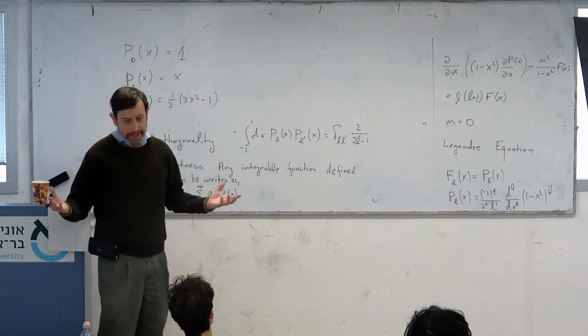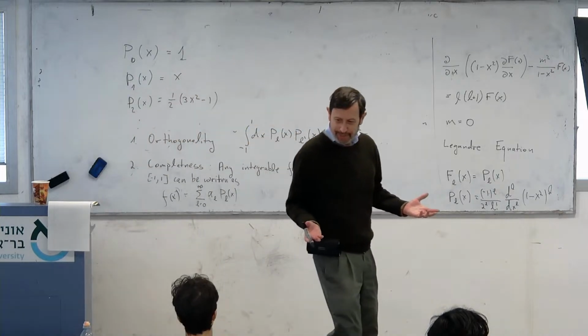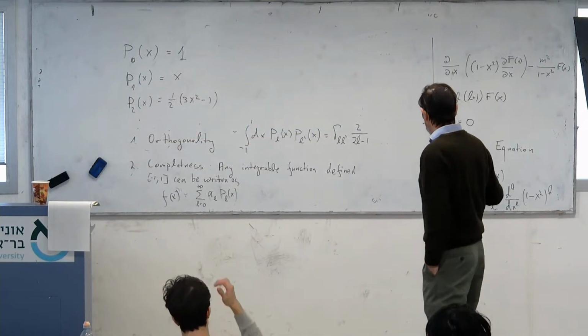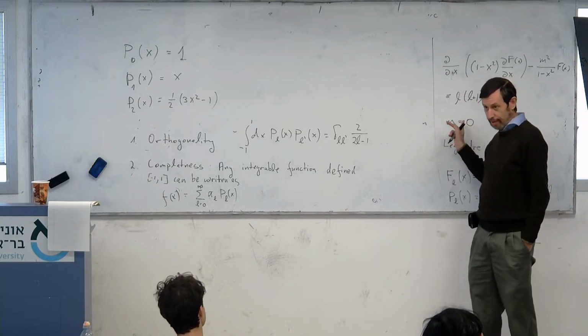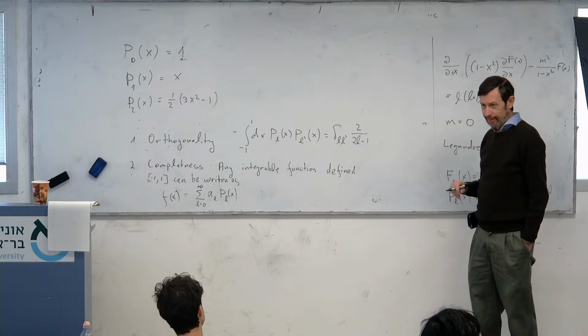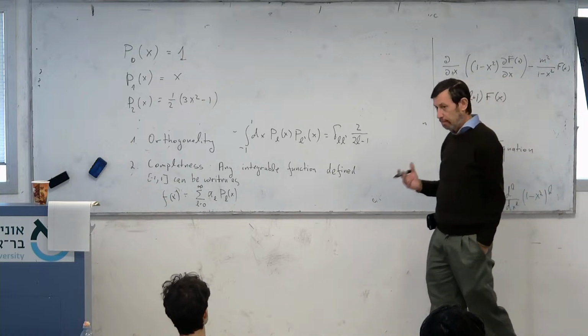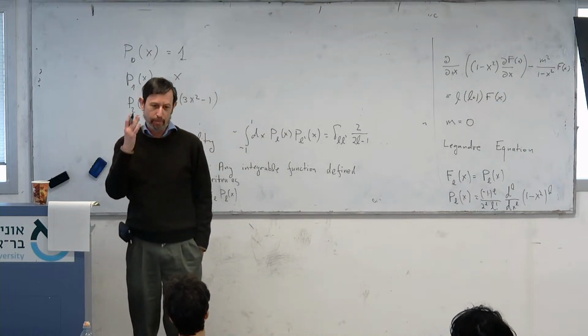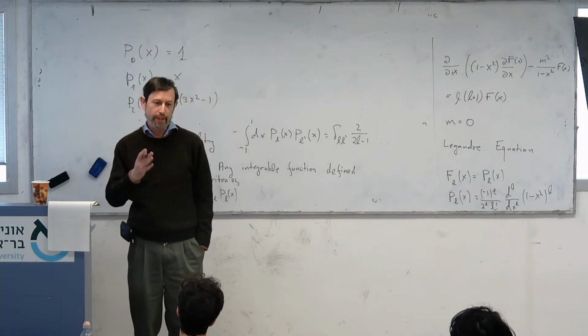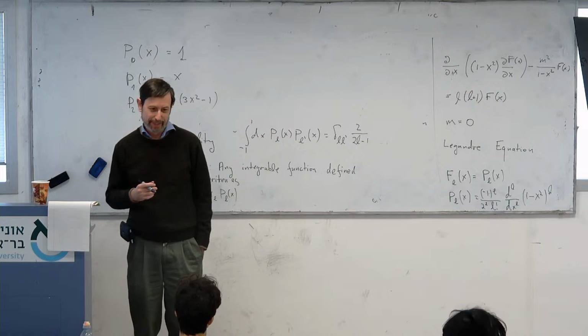Okay, it makes no sense, but you're allowed to do it. Here, because it's a particular sector of the Hilbert space, m equals 0, it measures the total angular momentum, but only for m equals 0.